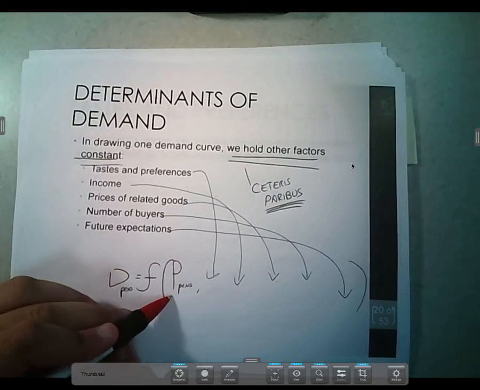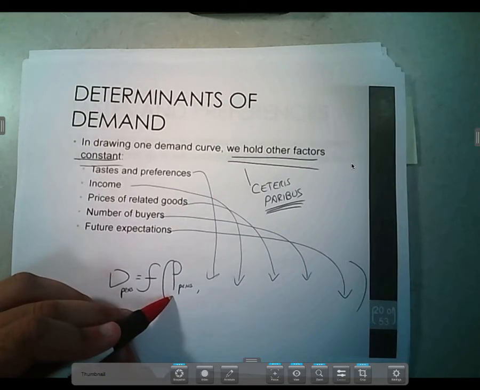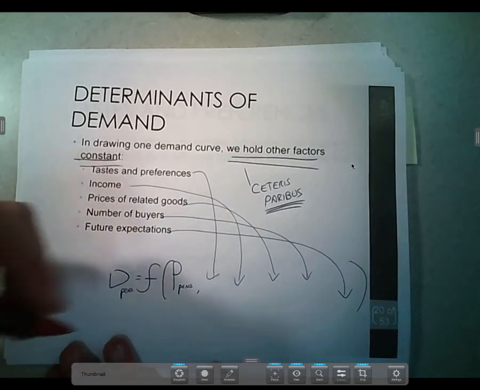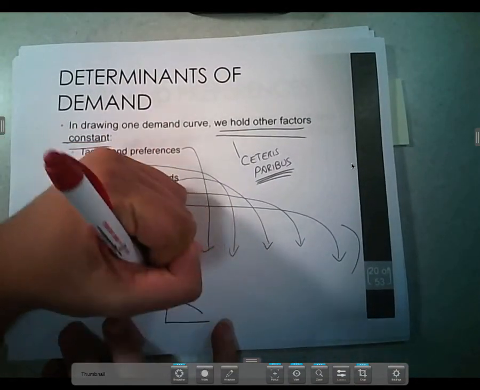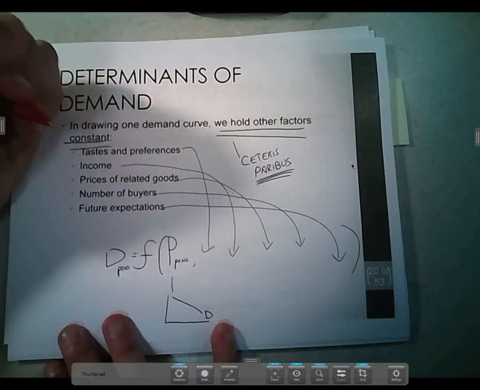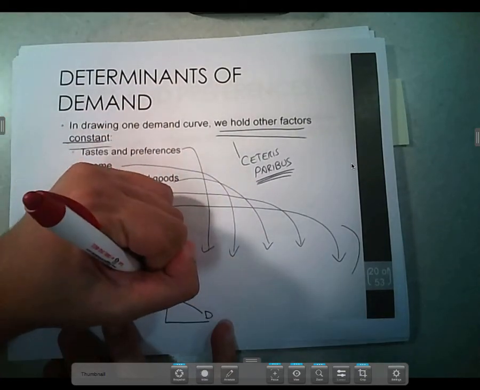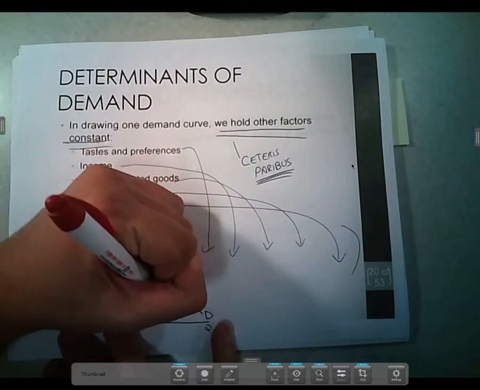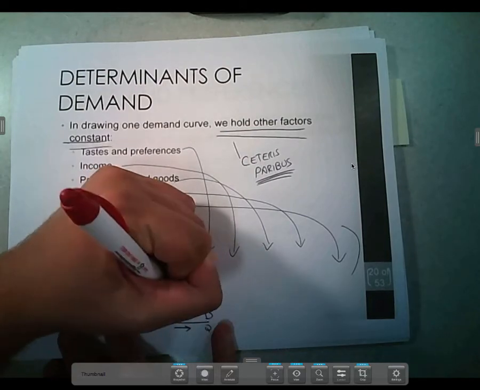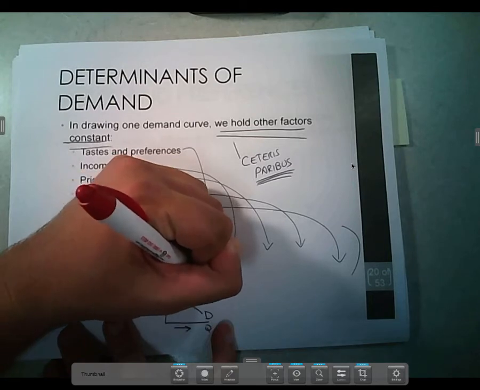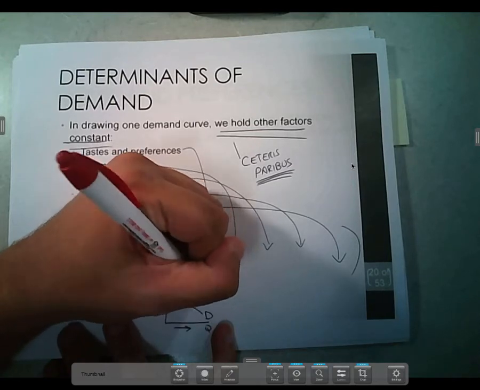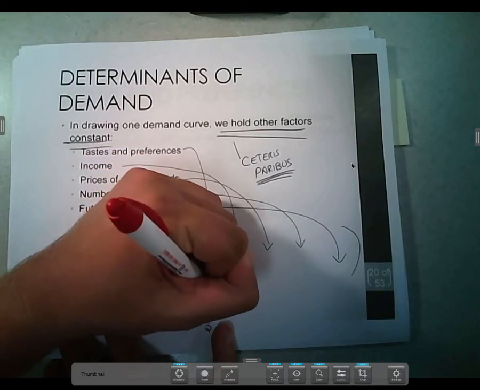If we're just talking about the price, that's our law of demand. So with this variable here, right, we saw this here. Here's my demand function. Here's my P, here's my Q. When I change the price, I change the quantity demanded, or I have a movement along the curve. Right, that's my law of demand.